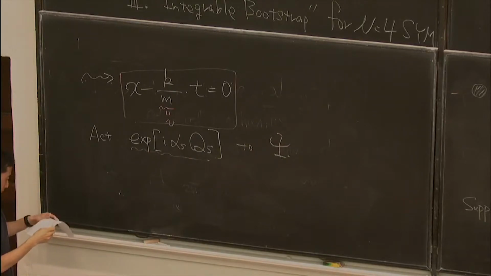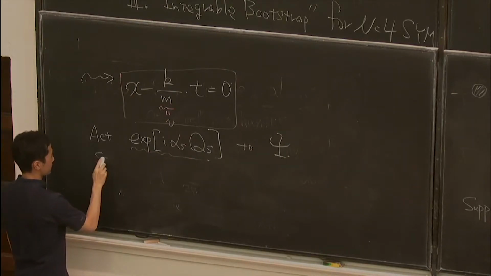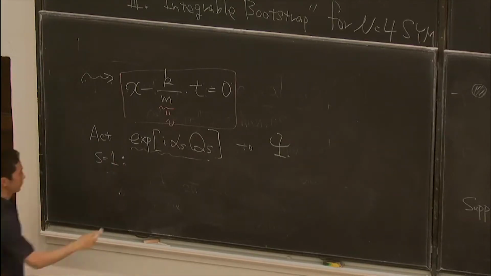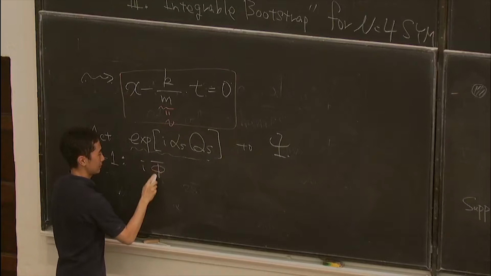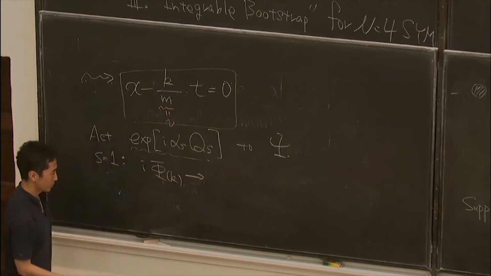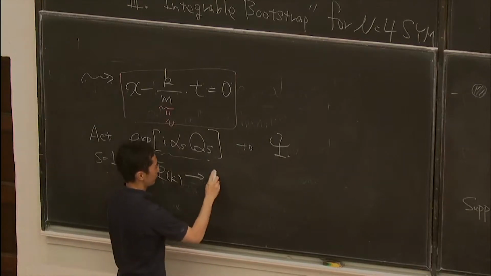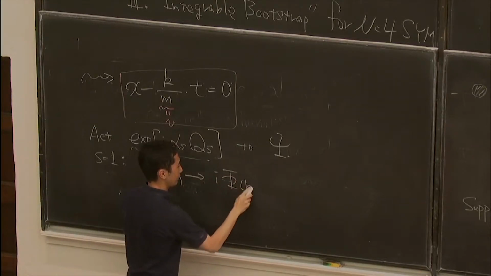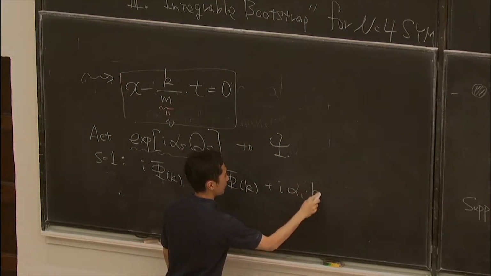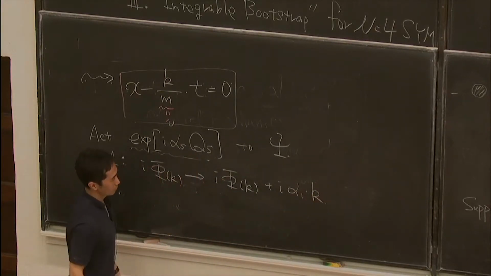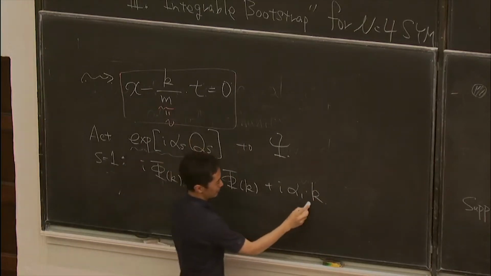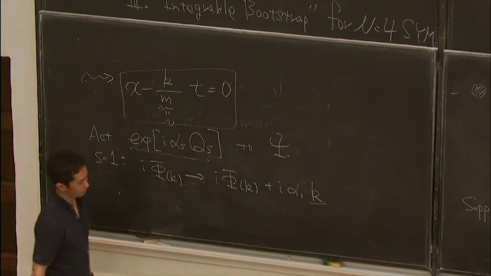Let's consider the case s equals 1. If you act this factor, then the phase, which was originally e to the i phi k, gets modified into e to the i phi k plus i times alpha 1 times k, because Q1 is nothing but the momentum. So if it acts on the plane wave, it basically spits out this factor of k.